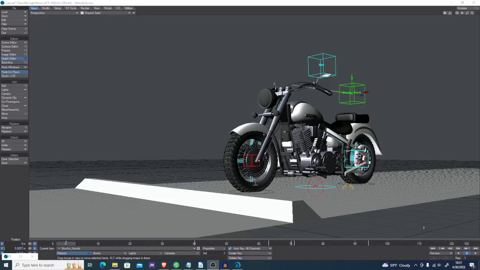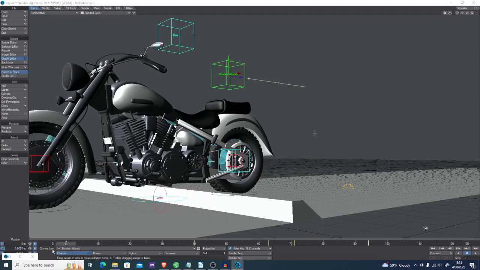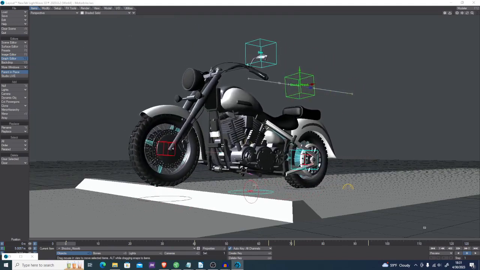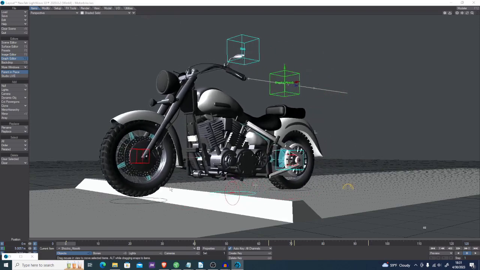Now what I have here is a motorcycle, and what I want to do is make this motorcycle drive over this bump just to see how it would look with the basic animation. And so I keyframed the ride over the bump. And there you have it. I've already applied an expression to the wheels.